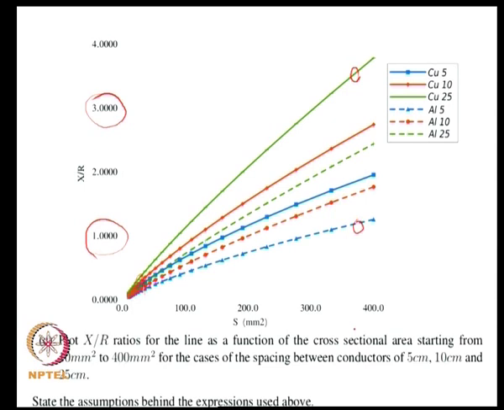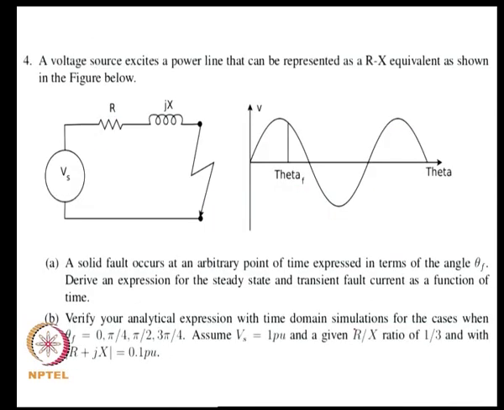So, in the next problem we are looking at the transient effects during fault. By that what I mean is, if you have a fault occurring at some instant, then you want to see not just what the steady state fault current is going to be, you are also going to require what can be the fault current on a shorter time frame basis.